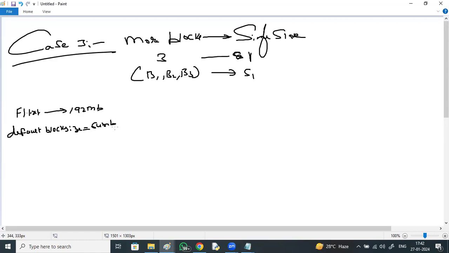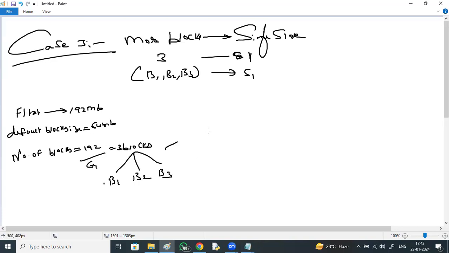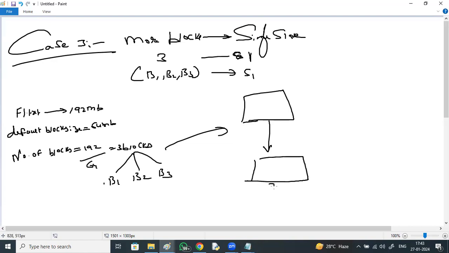So 192 by 64 gives 3 blocks: B1, B2, and B3. How are these 3 blocks distributed across the slaves? There is only one slave, S1. B1, B2, and B3 are all stored in the same slave.